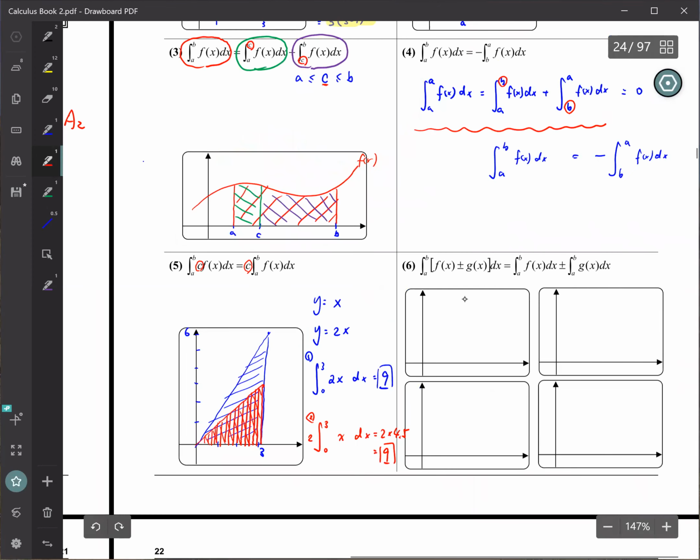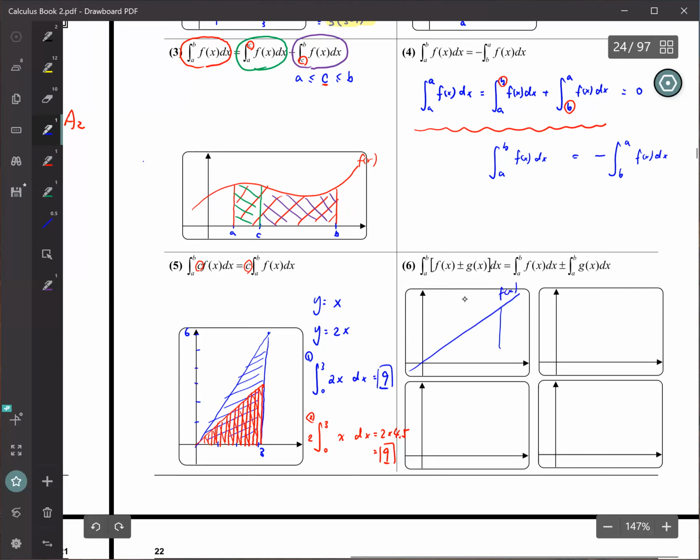Next one is add and subtract. Okay, add and subtract is saying you can split. We'll just do the adding, okay? So let's say we draw f of x plus g of x. Or you use a straight line, easier to show. So I have f of x is this one then.